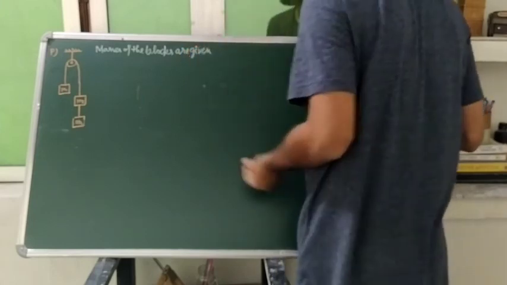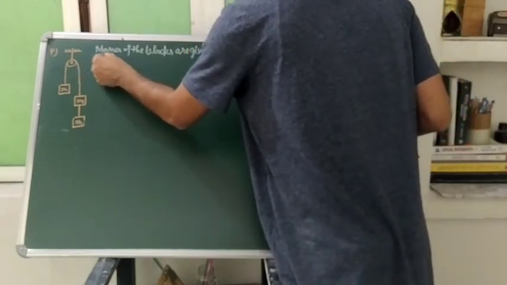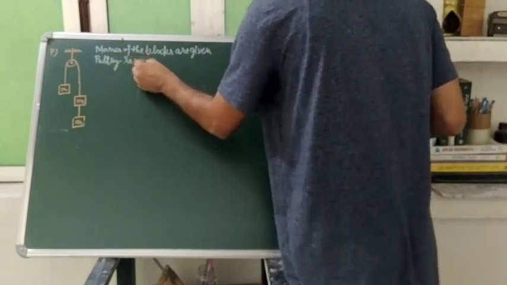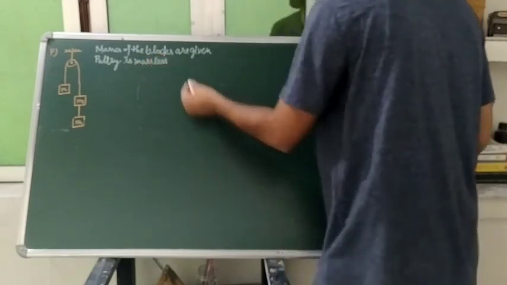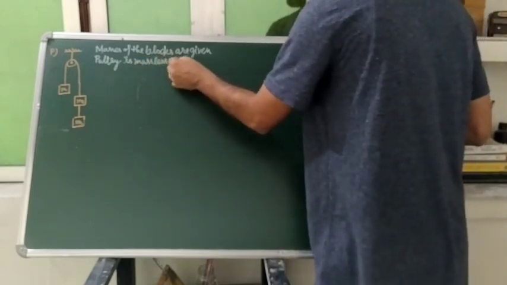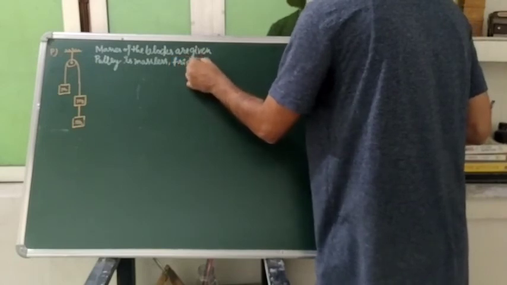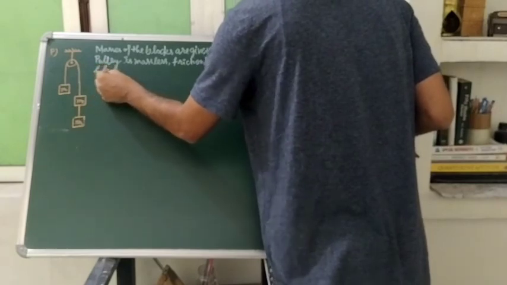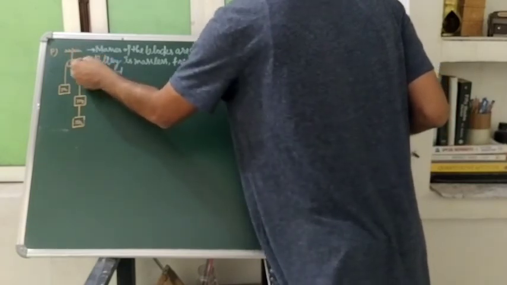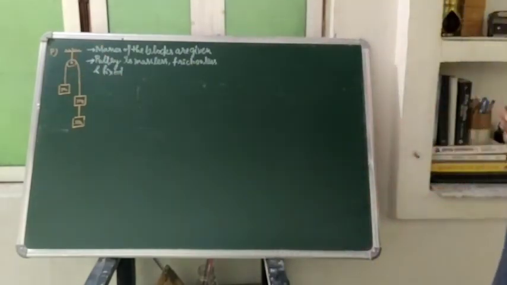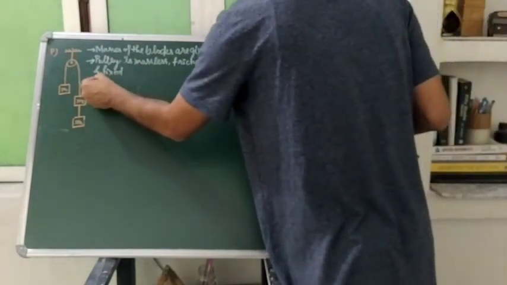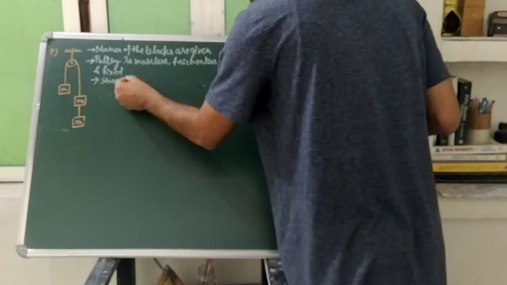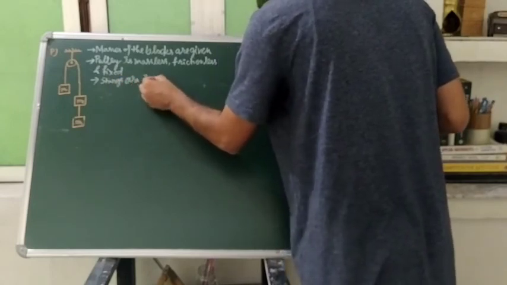The pulley is massless, frictionless and fixed, and the strings are inextensible.